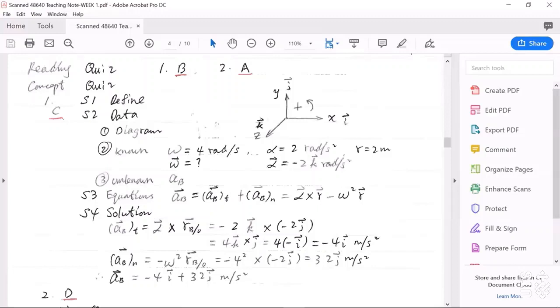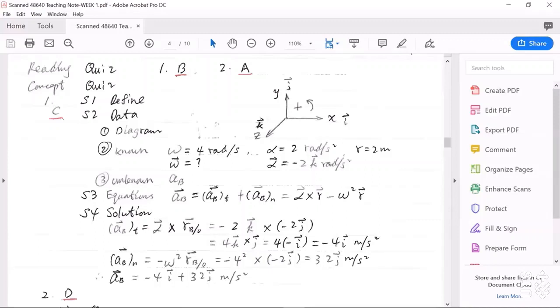It should be to the left side, so the result vector is negative I. Okay, now ABT is negative 4I meters per second squared.